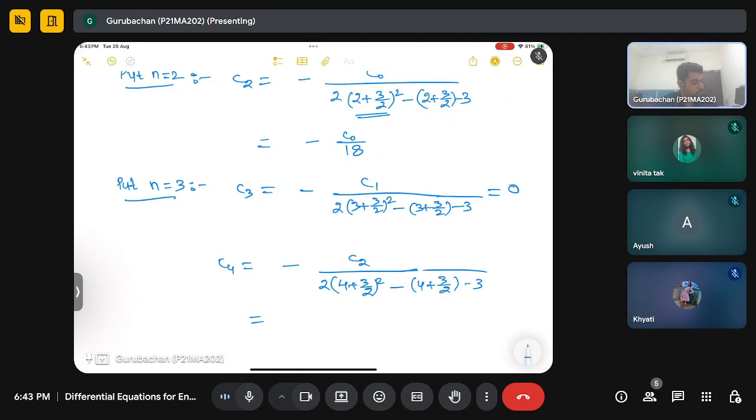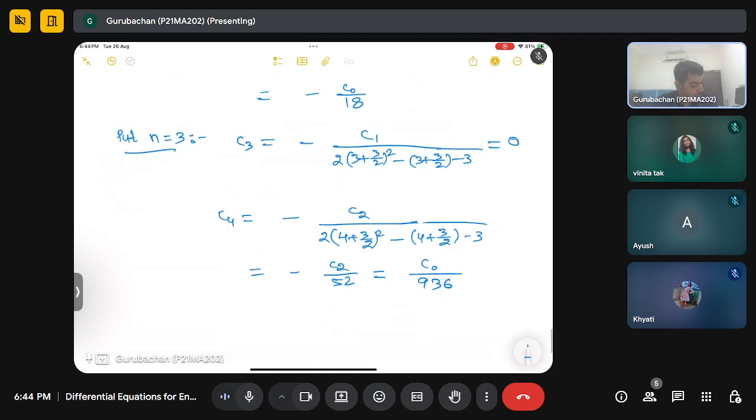So this will give you minus C2 by 52. And since C2 is C naught by 18, this will be C naught by 18 into 52, which is 936. Okay.